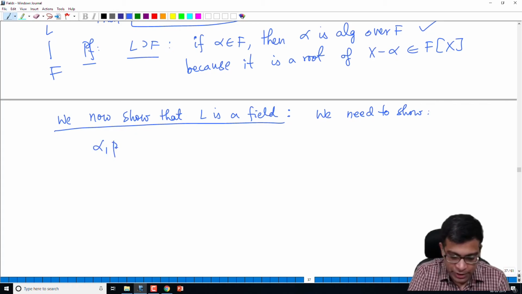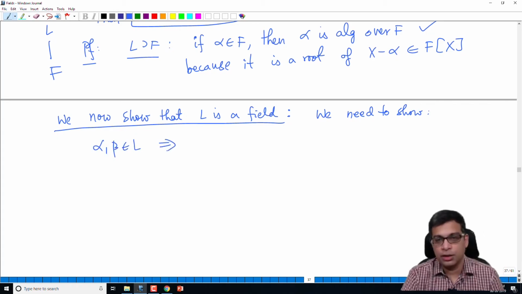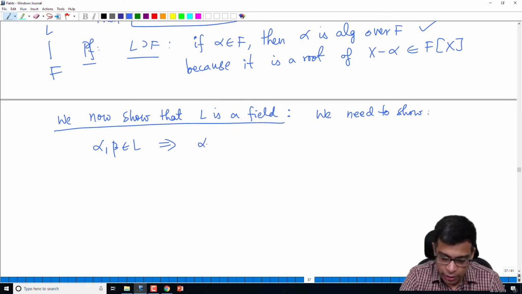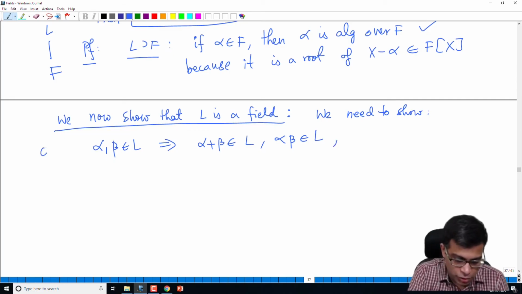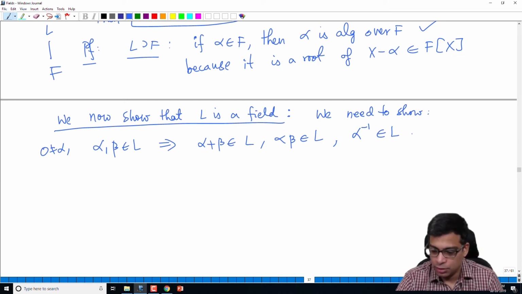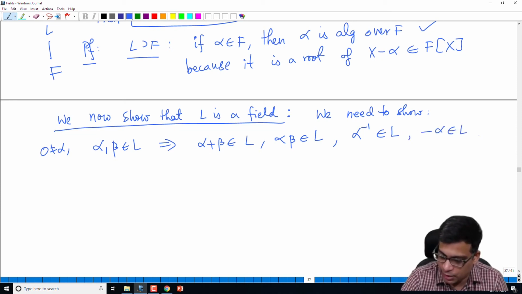If alpha and beta are in L, then various combinations that you can construct with alpha and beta are also in L. That means alpha plus beta is in L, alpha beta is in L, and if alpha is non-zero, alpha inverse is in L, and minus alpha is in L, and so on.